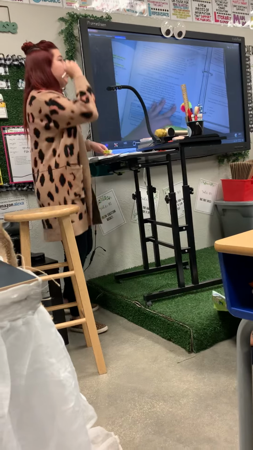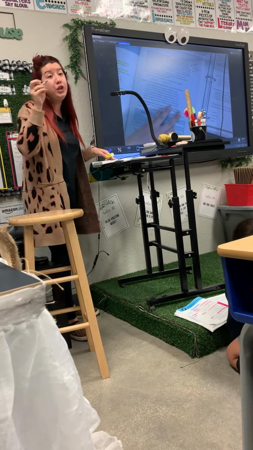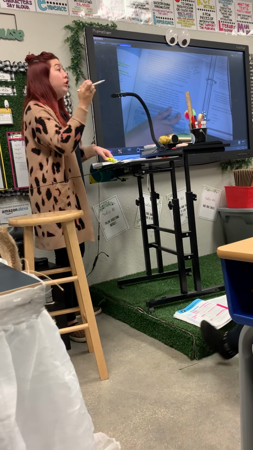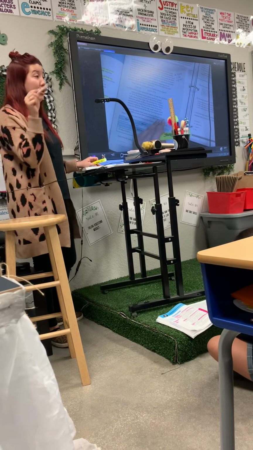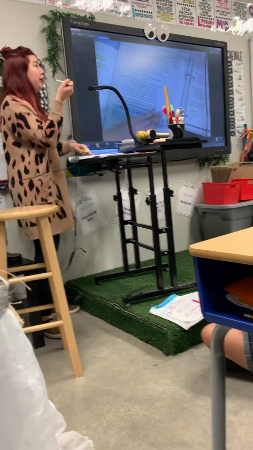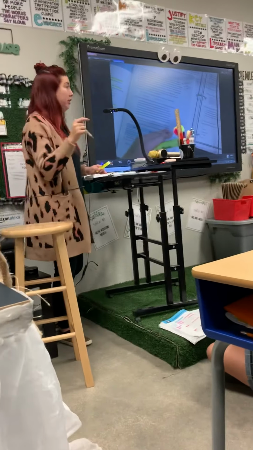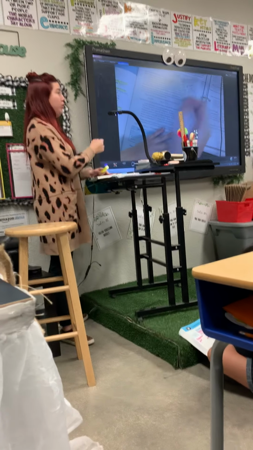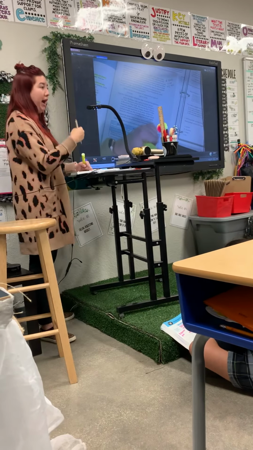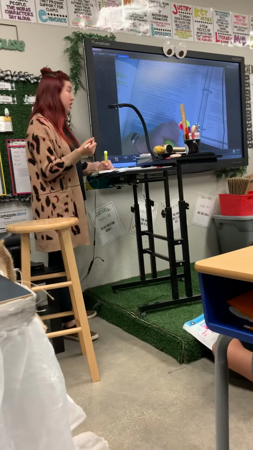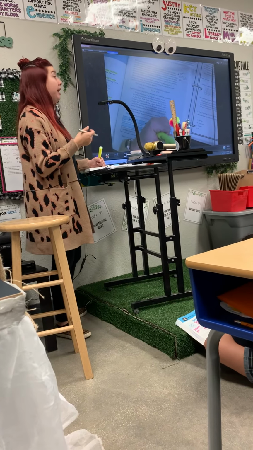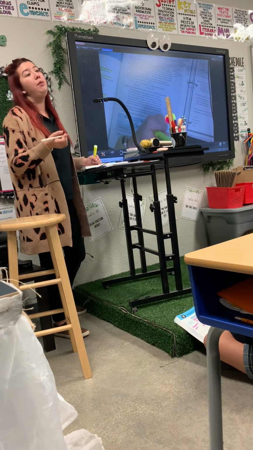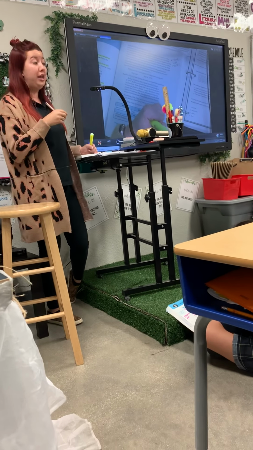When we love something, you can put a heart. When you have a question, you can put a question mark. When you read those questions first and then you're reading, you're like, oh, there's a question about this. You can add an exclamation mark, right? Those are all side notes to help you later when you go back to answer the questions. Good readers do these things because it helps you analyze the story. It helps you make sure that you're understanding what you're reading, right?